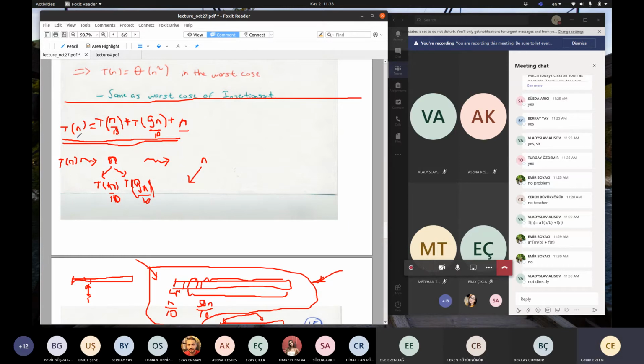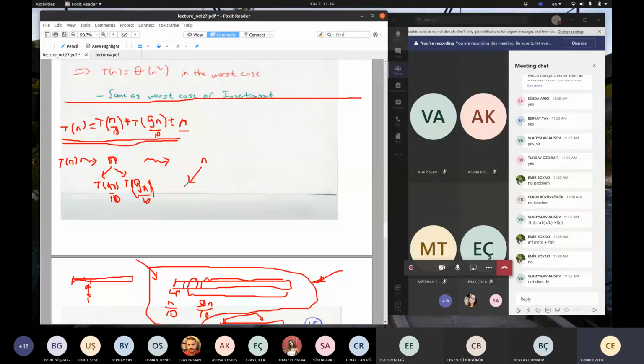So T of n divided by 10 will be equal to T of n divided by 100, and then T of 9n divided by 100, plus n divided by 10.